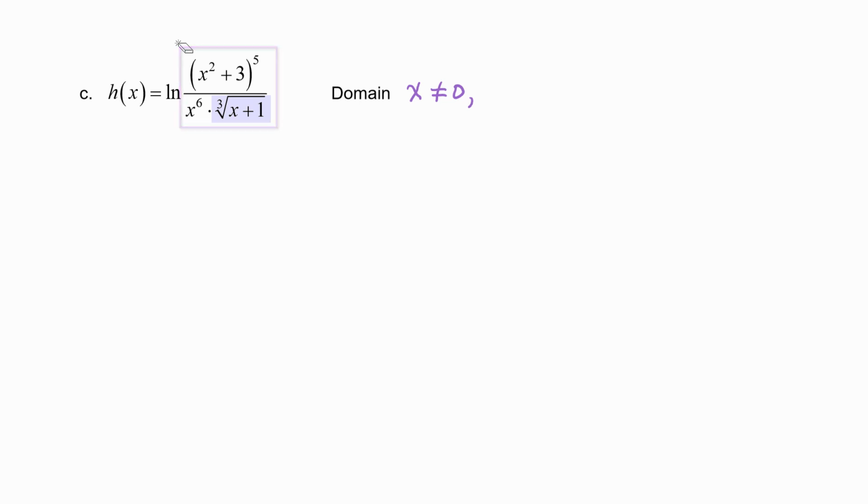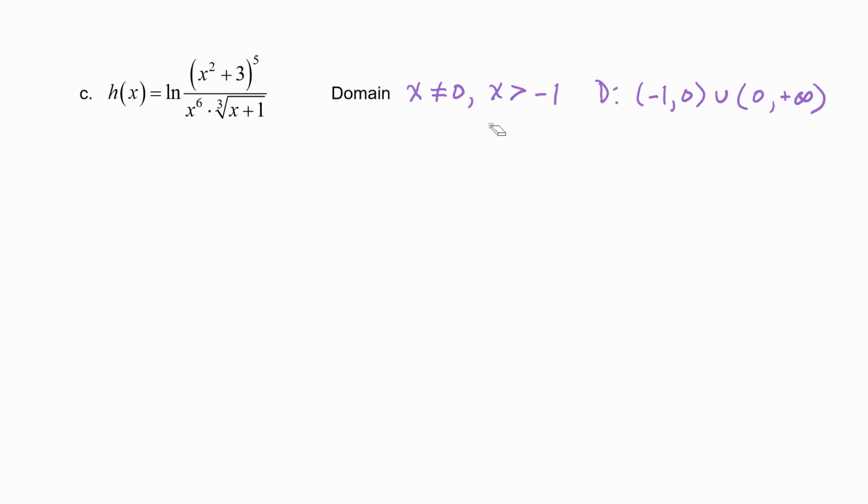So to make sure that this quantity inside the cube root doesn't go negative, we have to say that x must be greater than negative 1. It can't equal negative 1 because that would turn this into a 0 in the denominator. So that means our domain is going to be negative 1 to 0 union 0 to positive infinity.